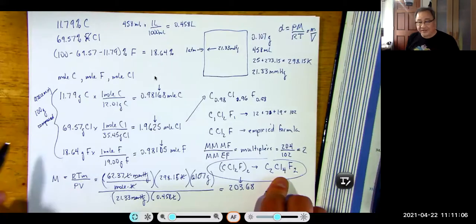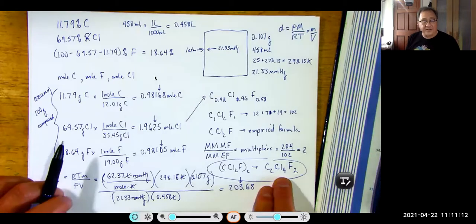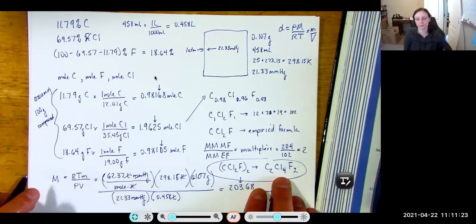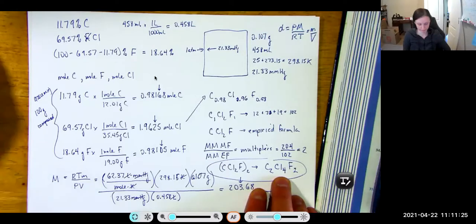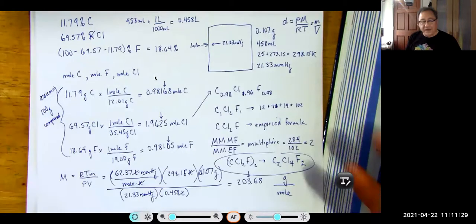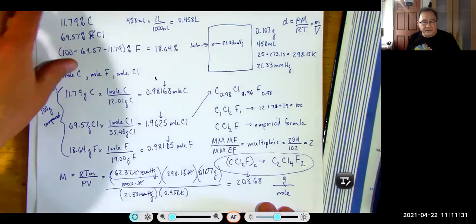Well, it's because it's not the simplest ratio. If the question is, why is that the molecular formula? The answer would be, well, because the molecule has exactly 2 carbon atoms, exactly 4 chlorine atoms, and exactly 2 fluorine atoms. Because the big difference is empirical formula is simplest ratio. Molecular formula is actual number of each element.